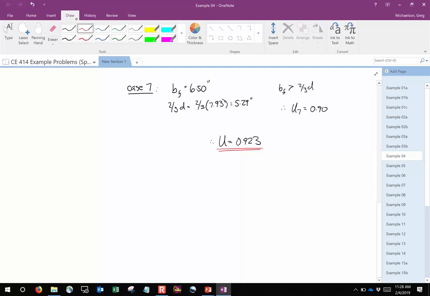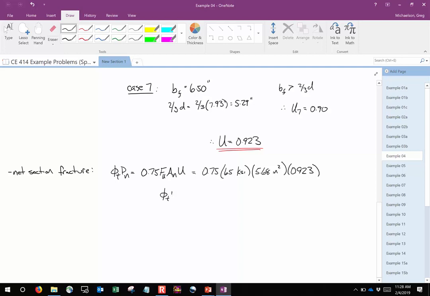So what does that come out to be? We'll just say 1 decimal place.